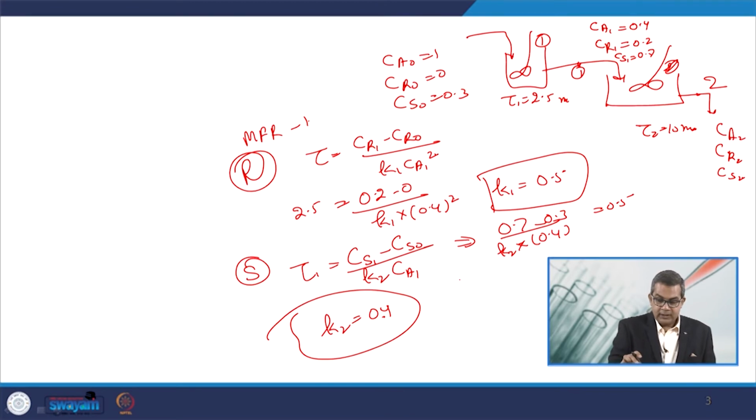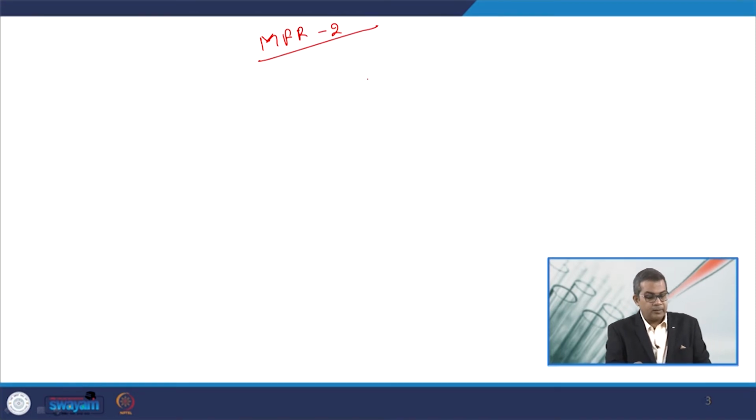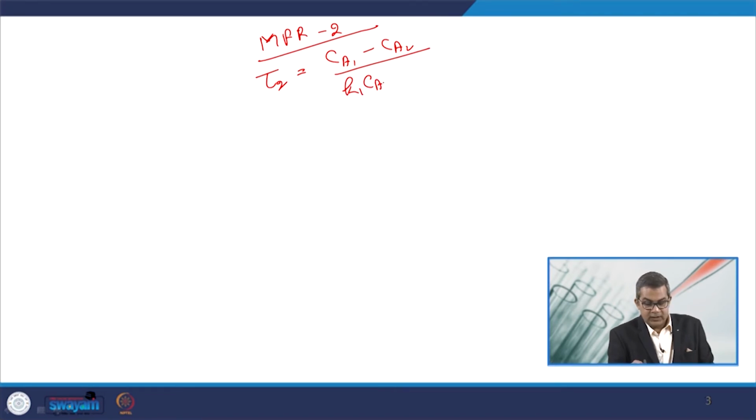Now for the second MFR, the stream exiting the first MFR is the feed stream for the second one. So tau 2 is equal to Ca1 minus Ca2 upon K1 Ca2 squared plus K2 Ca2.